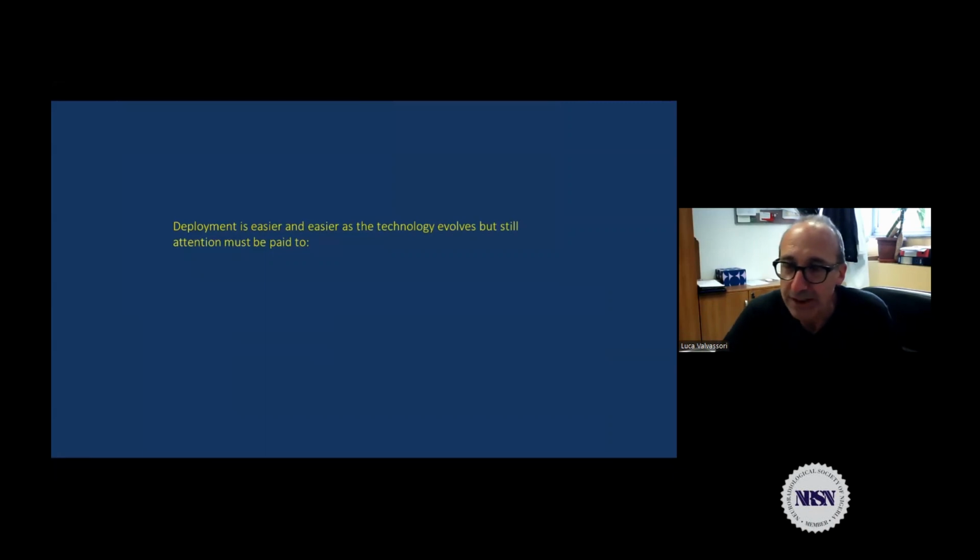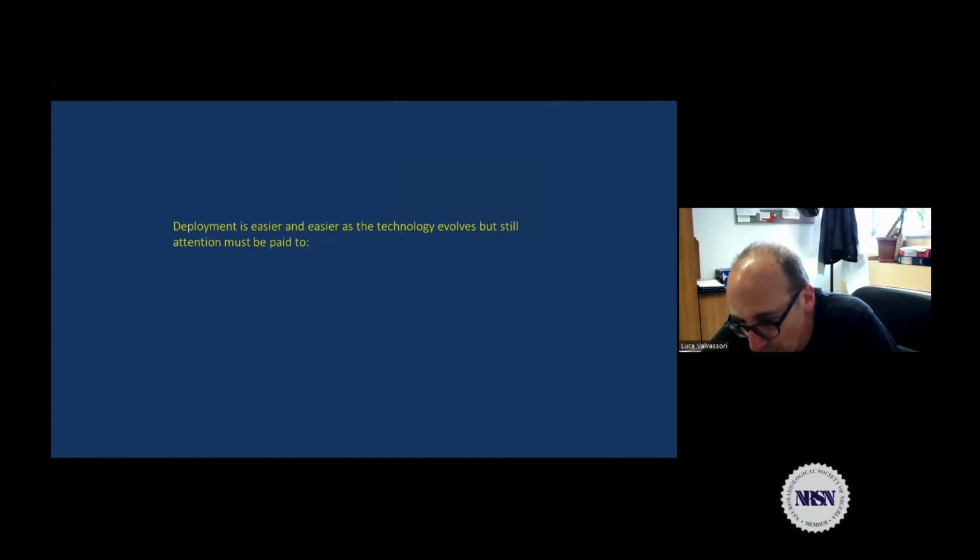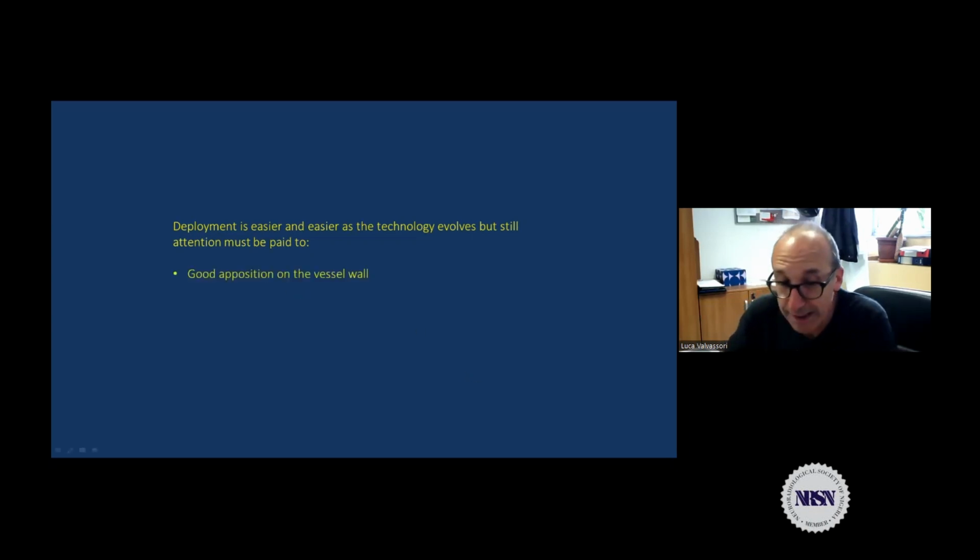So deployment of this stent looks easier and easier as the technology brings us new devices, but still we have to pay attention to a good deployment, meaning that the stent is well apposed to the vessel wall so that it really can work as a diverter.